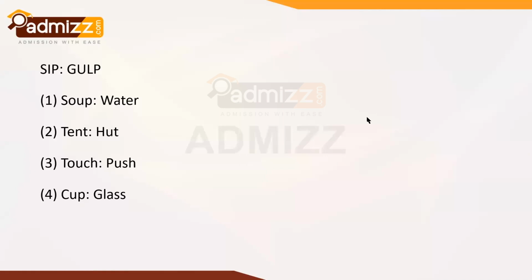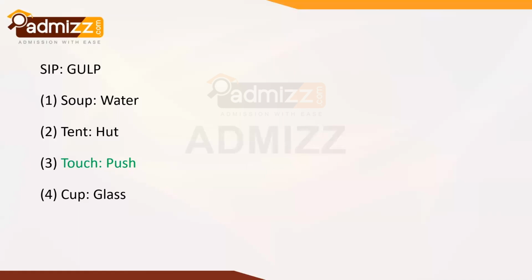Now, why is that the case? Look at soup and water in the first problem. Soup is something that is created out of water, but sip and gulp don't share the same relation. Tent and hut are both places of residence, and they don't imply the same thing that sip and gulp do. So they don't make sense in this problem at all.